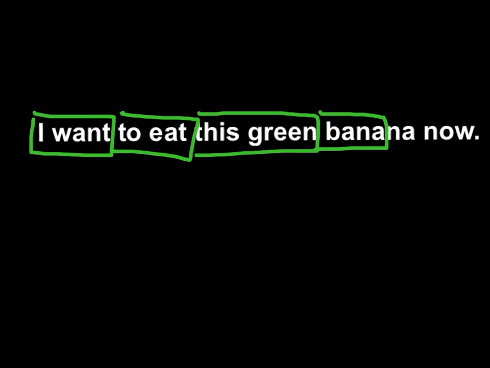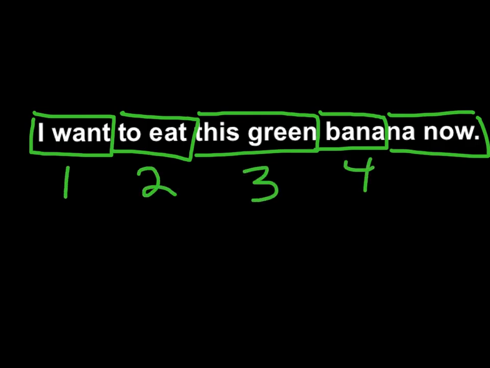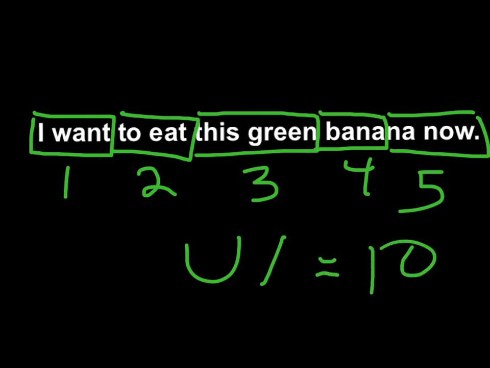And the last 2 syllables make up the 5th iamb, now. So 1, 2, 3, 4, 5 iambs. Since each iamb has 2 syllables, it equals a total of 10 syllables.